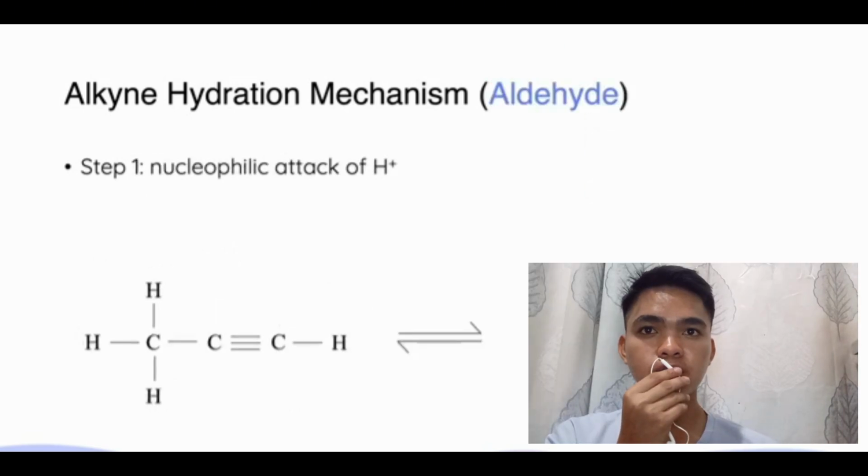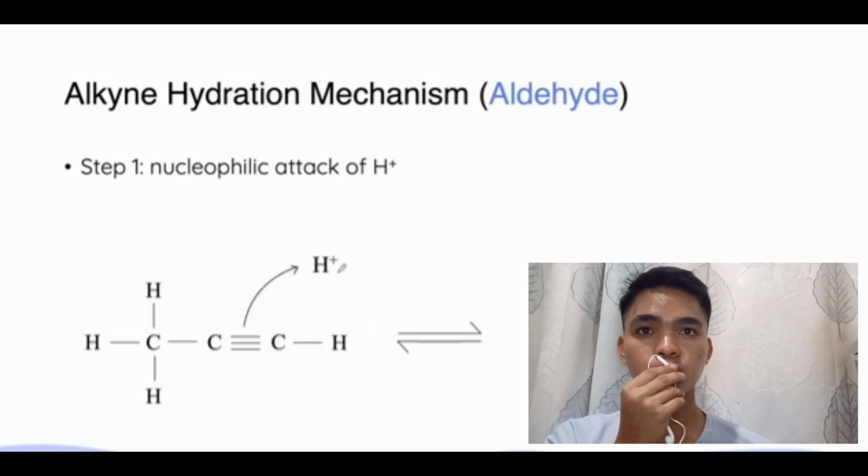Now, let's look at the formation of aldehyde as a result of alkyne hydration. We revisit step 1 to see what is the case for the formation of aldehyde. Step 1 occurs in the same way: the electron-dense triple bond engages in nucleophilic attack of the H+.